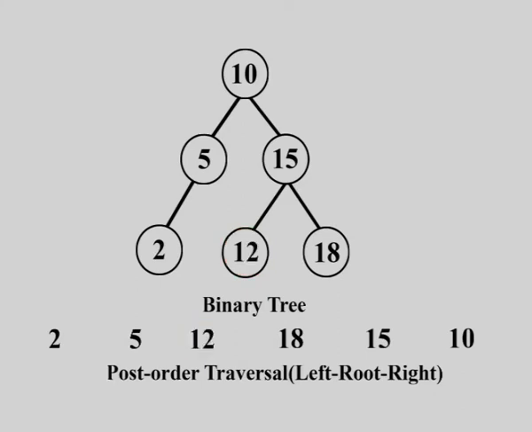After this, it is the turn of the right subtree of 15, which has one element. So this element 18 is traversed here. Now the element 15 is traversed, which is the root of the right subtree of 10. At this stage, only the root element of the tree is left. So this element is visited here and the traversal order comes out to be 2, 5, 12, 18, 15 and 10.